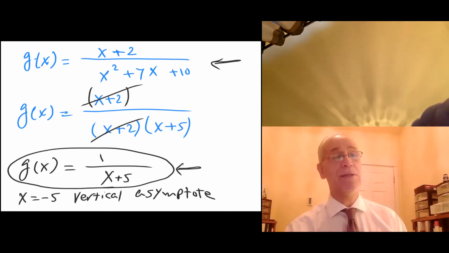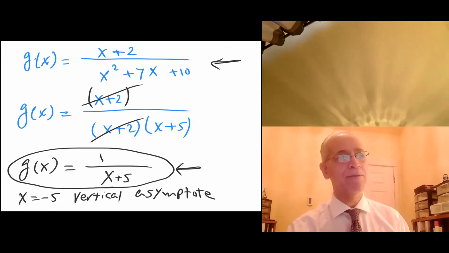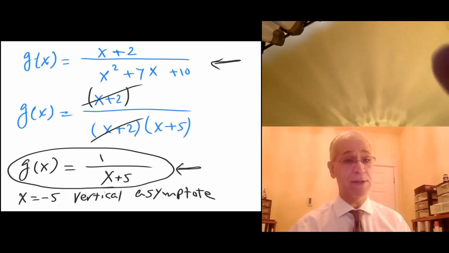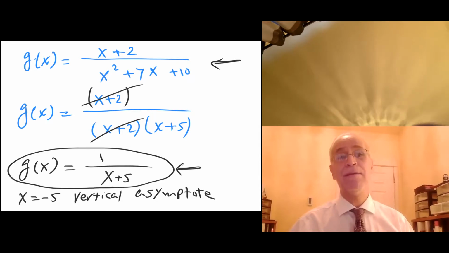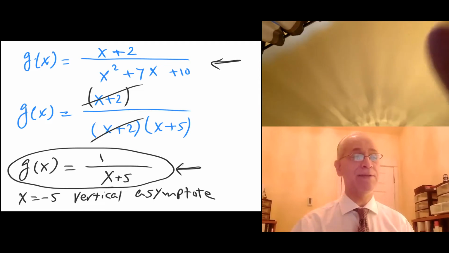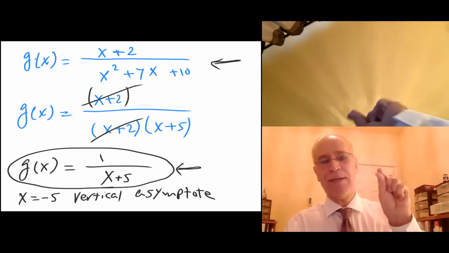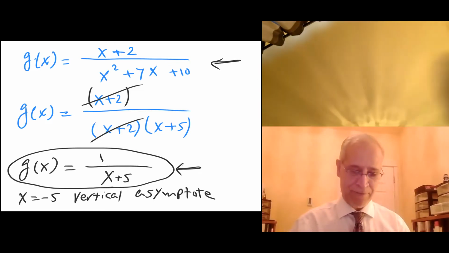Well, here's the thing. If you have a value, like in this case negative 2, that makes the numerator and the denominator 0, then you do not have a vertical asymptote. All you have is a very tiny, teeny hole in the graph.